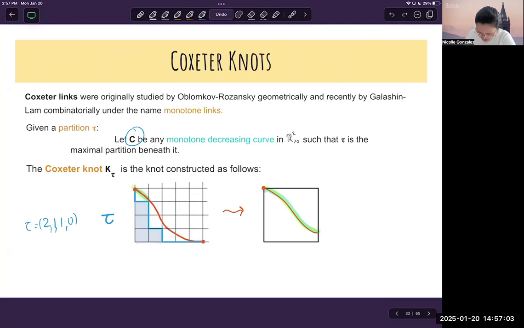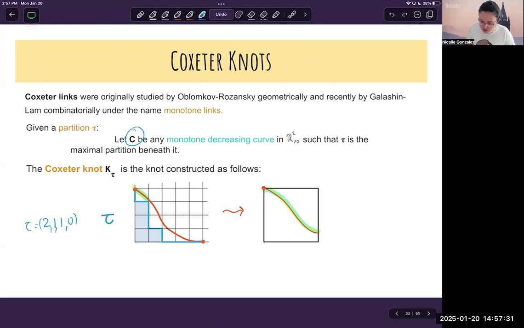As long as it's monotone decreasing, I don't care. I couldn't have chosen it to be a straight line, actually, in this particular case, because notice if I do this, then my partition would be bigger. I could choose my partition to be something larger. And that's exactly what I want to avoid. So basically, you just choose any curve so that the lattice points underneath it are exactly the same lattice points that the partition cuts out, if that makes it easier to understand.